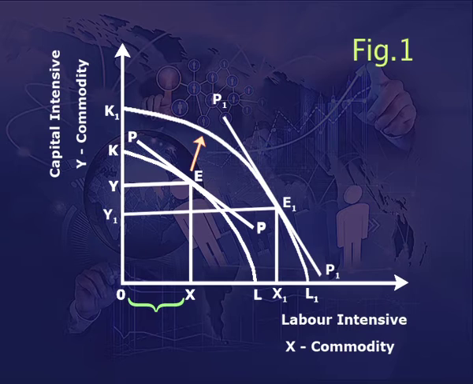As a result, its exports of labor intensive commodity X increase from OX to OX1. Thus, it is able to increase the exports of X more than proportionately to the reduction in Y.